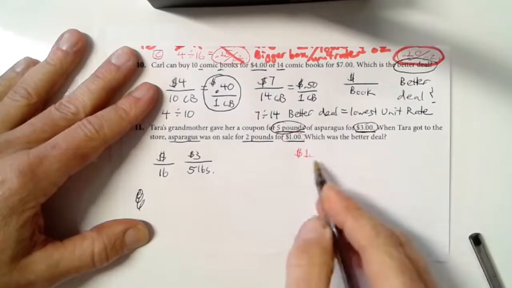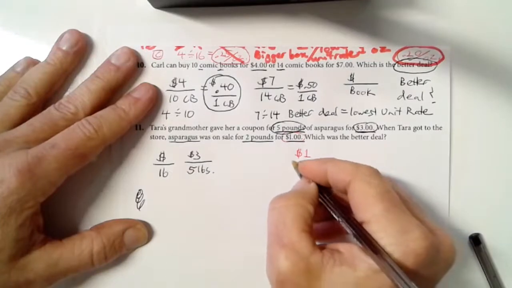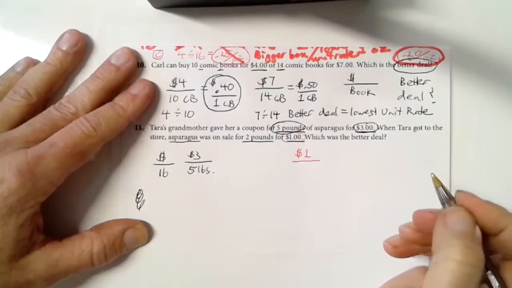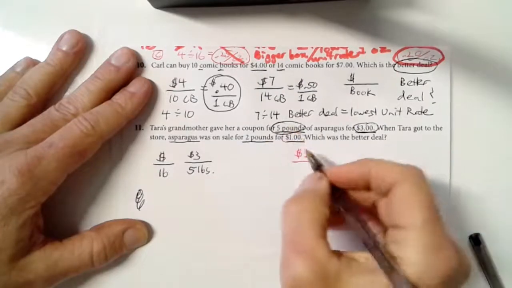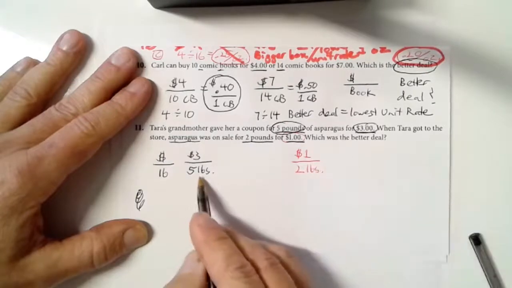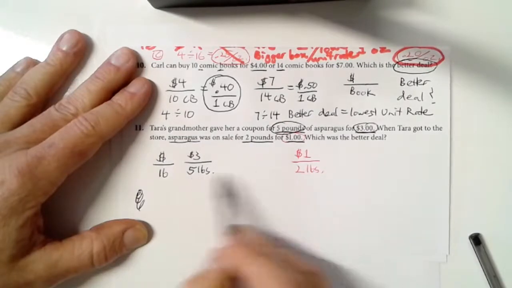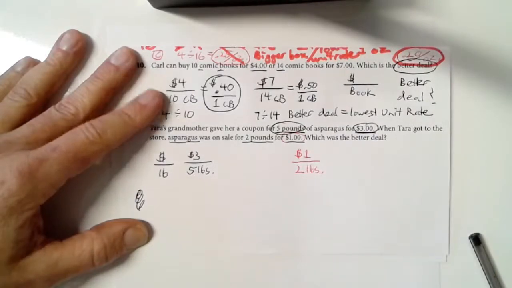And you might think, well, I want to put that on the bottom because the 1 has to be on the bottom of a unit rate. Doesn't have to be in this case, but it will be 2 pounds. In this case, we're just trying to put pounds on the bottom, and we'll have to do some math to change that 5 and that 2 to 1s.